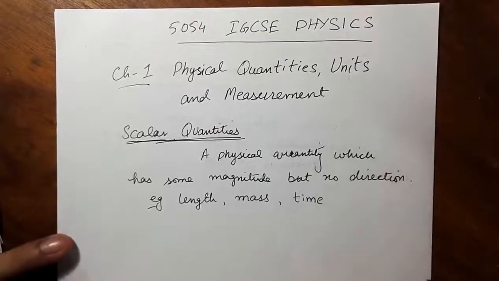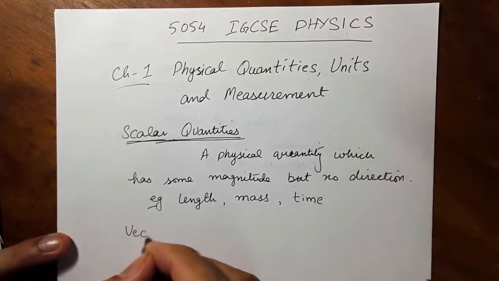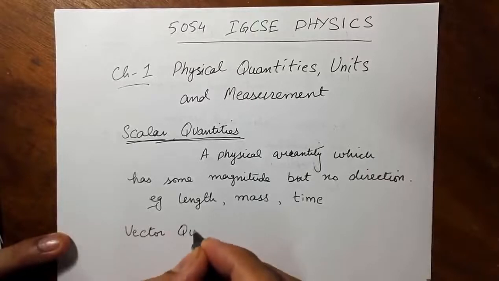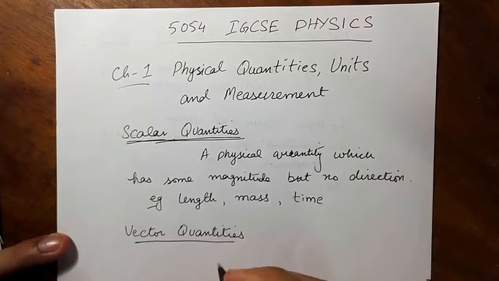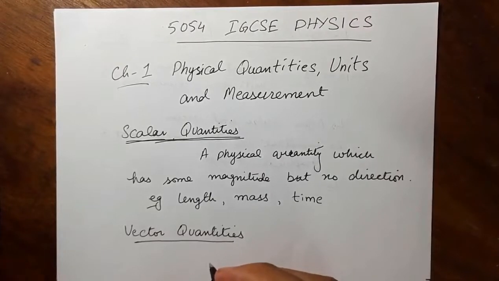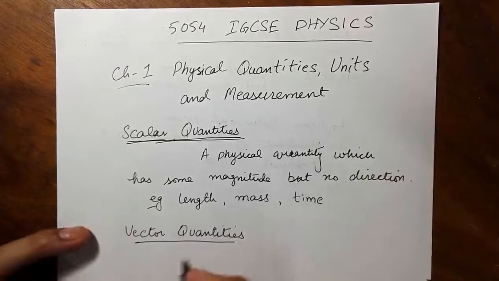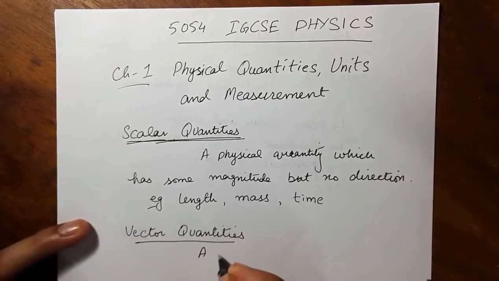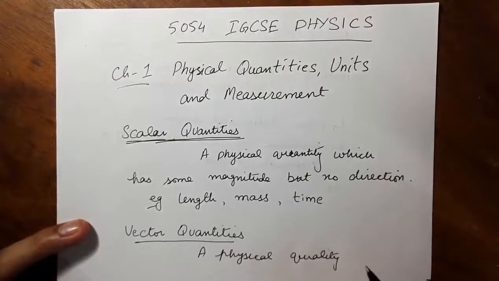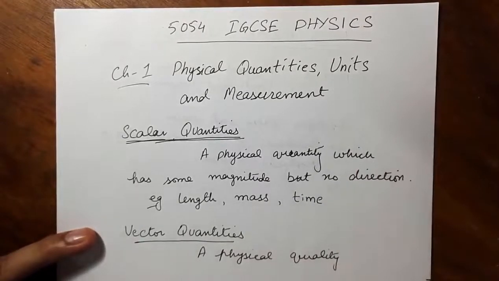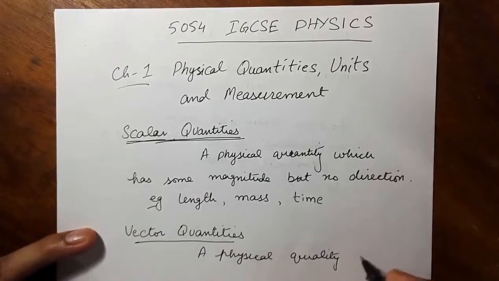Next, vector quantities. Vector quantities are such which have both magnitude as well as direction. So a physical quantity which has both magnitude as well as direction is a vector quantity. If you are not understanding my writing, then just do comment in the video and I'll try to improve it.